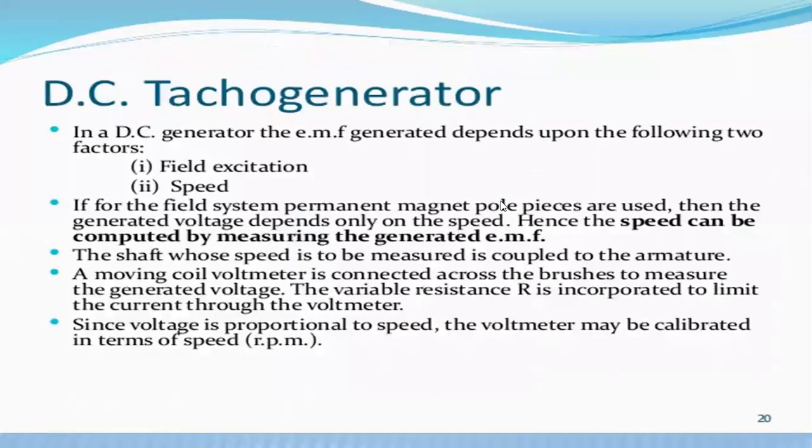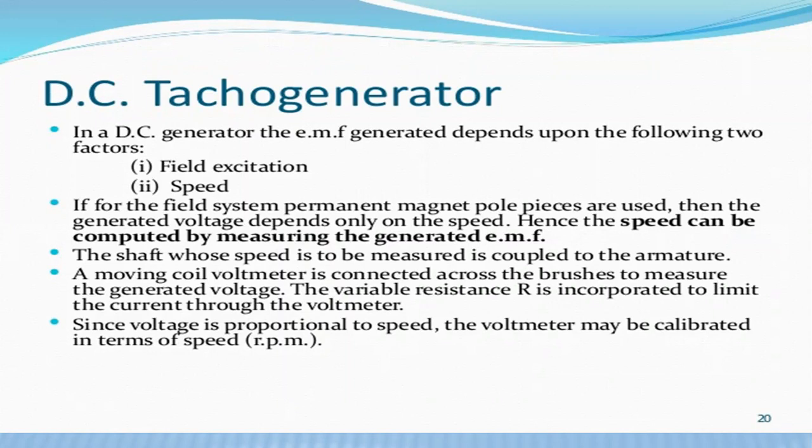In this electrical type of tachometer, we have two different types: DC tacho generator and AC tacho generator. These are the two types of tachometers used in the electrical tachometers. First one, DC tacho generator.